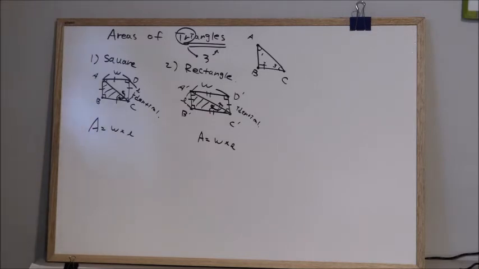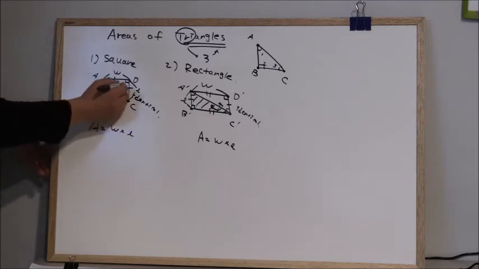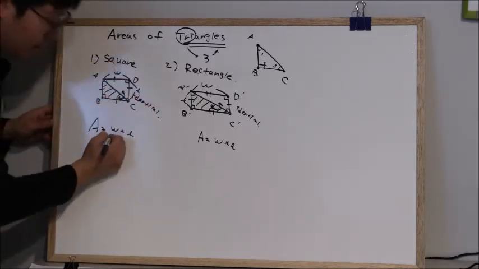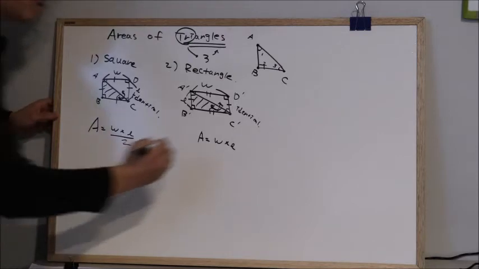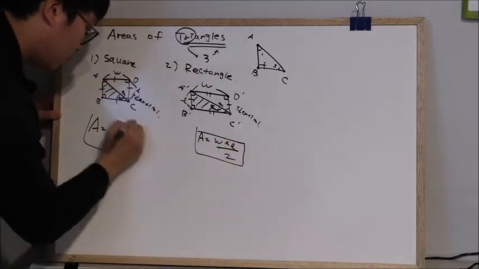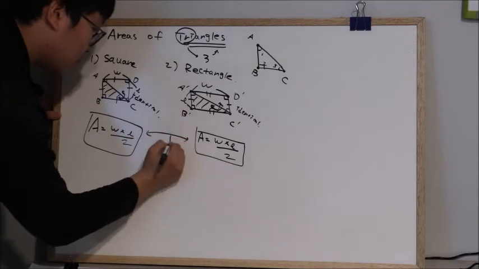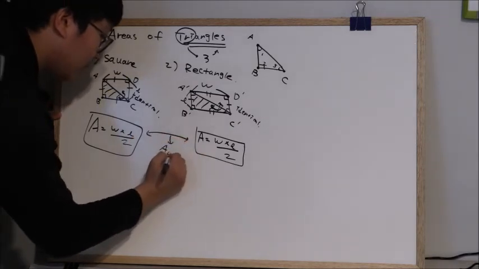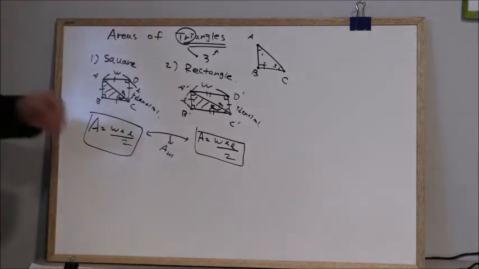When you talk about the area of a triangle, the only thing you need to do is divide this product of area by 2. This is your area of the triangle: width times length divided by 2.